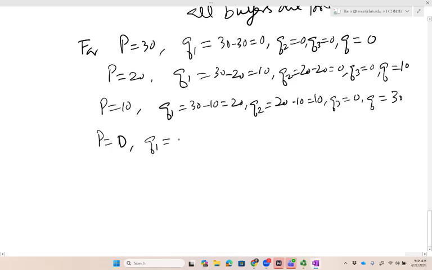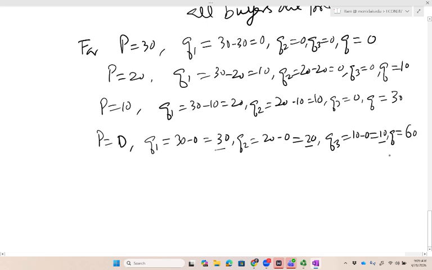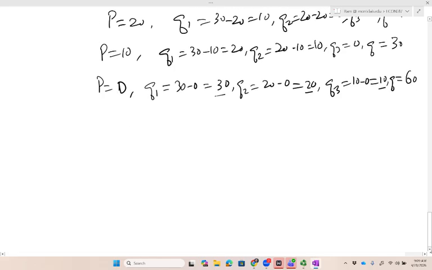Then quantity for buyer 1, 30 minus 0 tends to 30. Quantity for buyer 2, 20 minus 0 tends to 20. And buyer 3, 10 minus 0 tends to 10. So the market demand is 30 plus 20, 50 plus 10, 60. And so this is what we will draw as the aggregate demand.